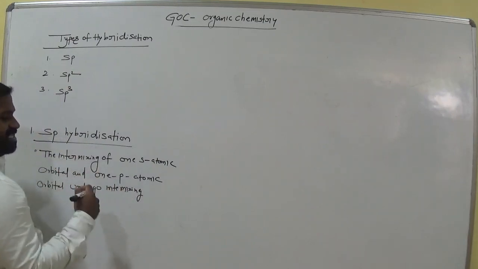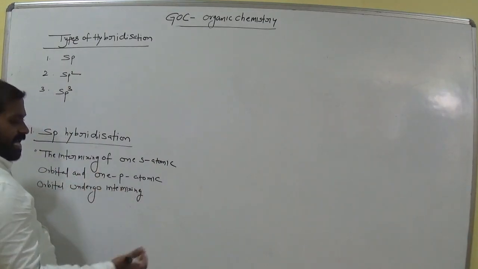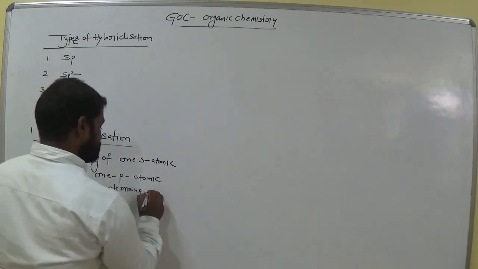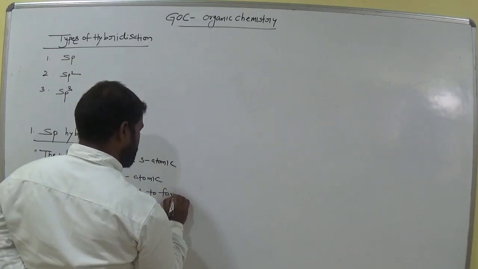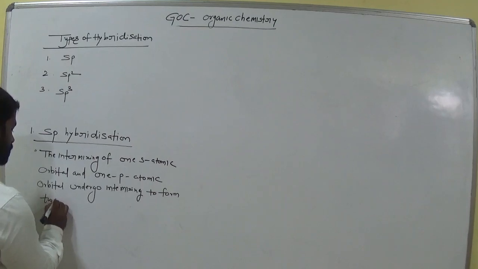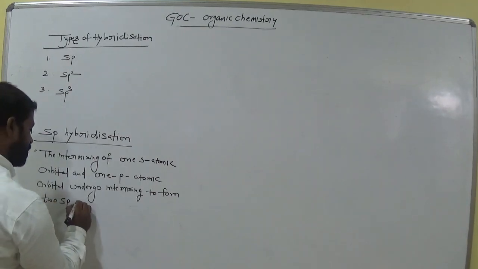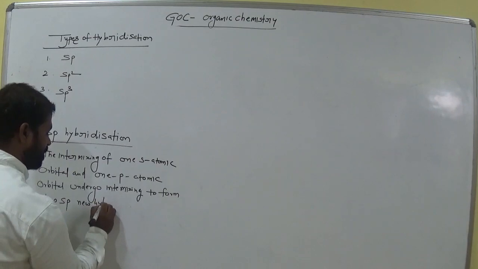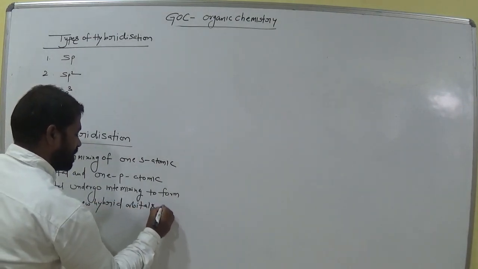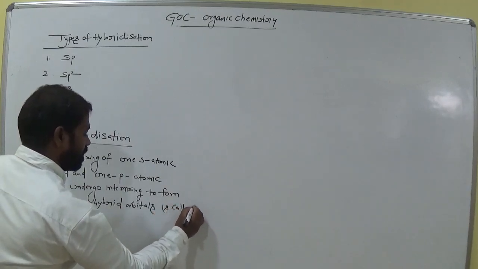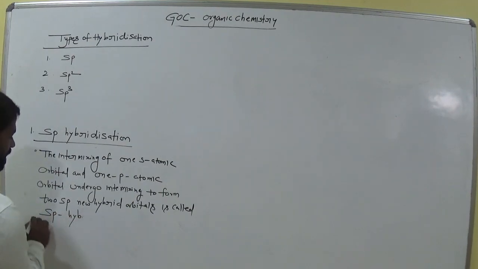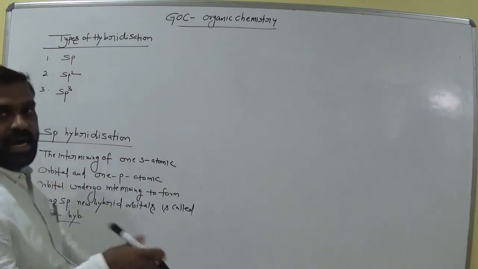Intermixing means their energies are distributed until they become the same. They undergo intermixing to form two new sp hybrid orbitals, which is called sp hybridization. One s and one p undergo intermixing.